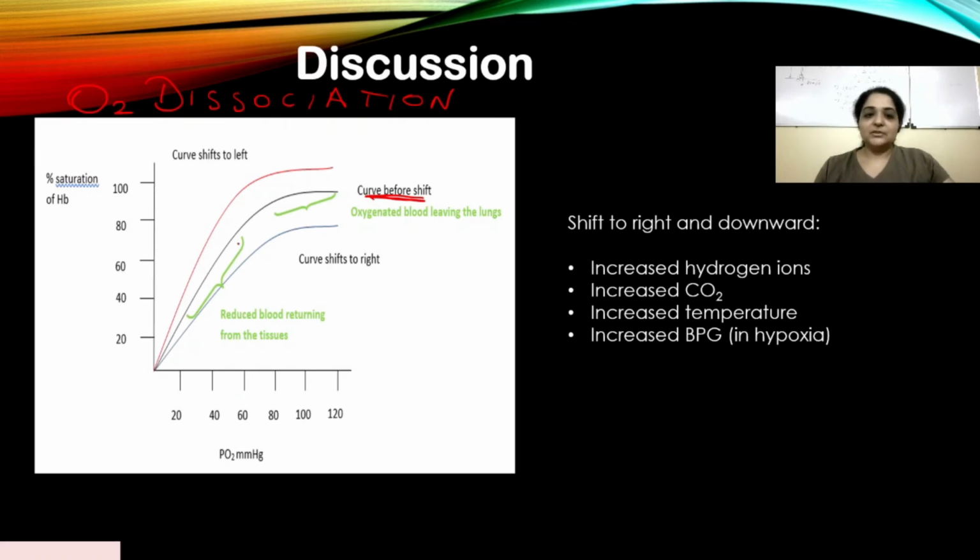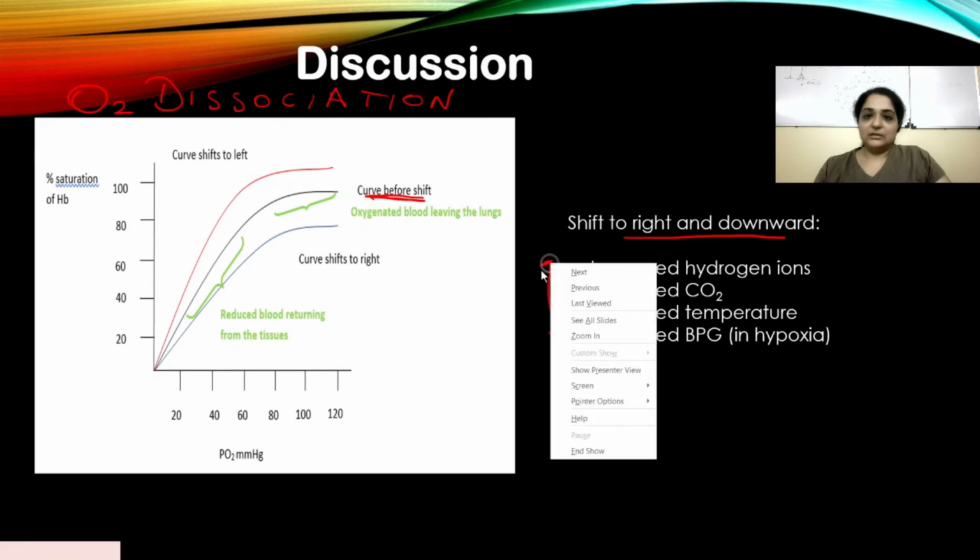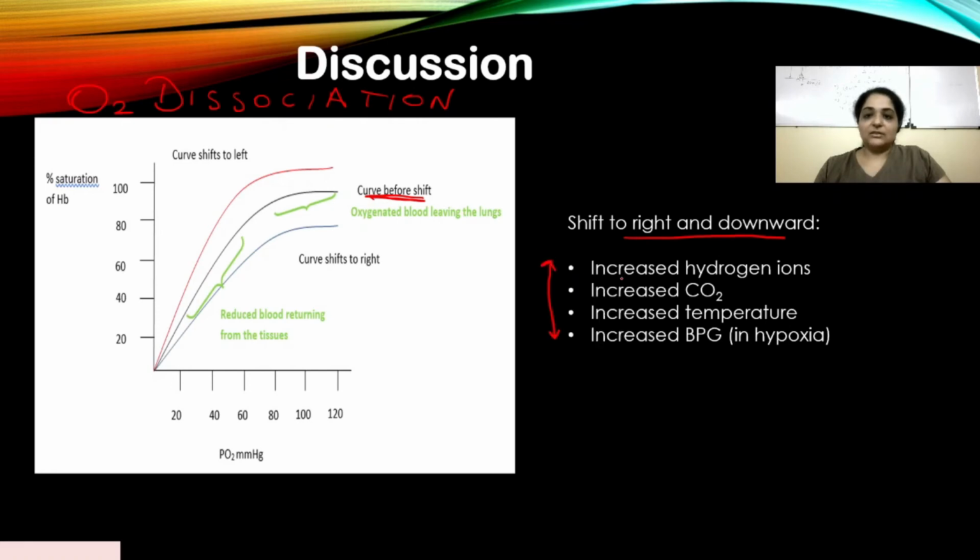So now what happens is when the curve shifts to the right and downward. This shift to the right happens under these circumstances: when there are increased hydrogen ions. Increased hydrogen ions means acidic, that means low pH.